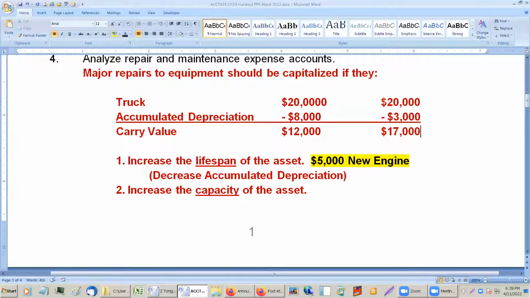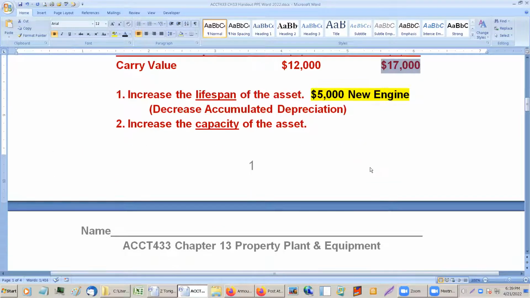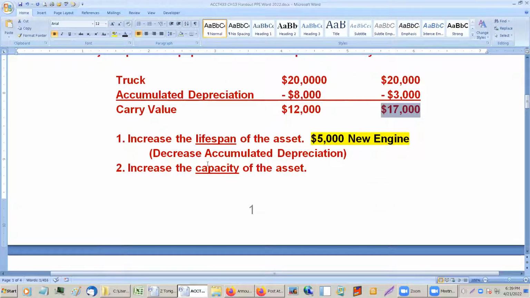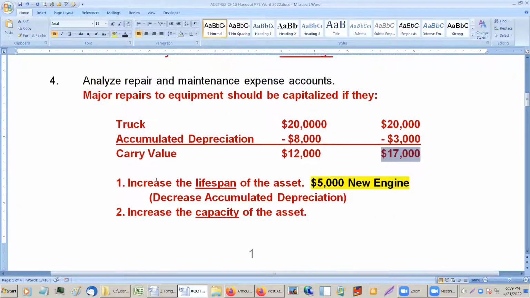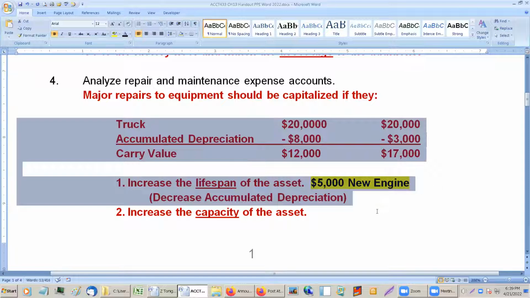The asset itself has not increased in value or in the initial cost. It's just turned back time to reflect that it's going to last longer. Okay, so that would be if it increases the lifespan. Let's go to the second example.